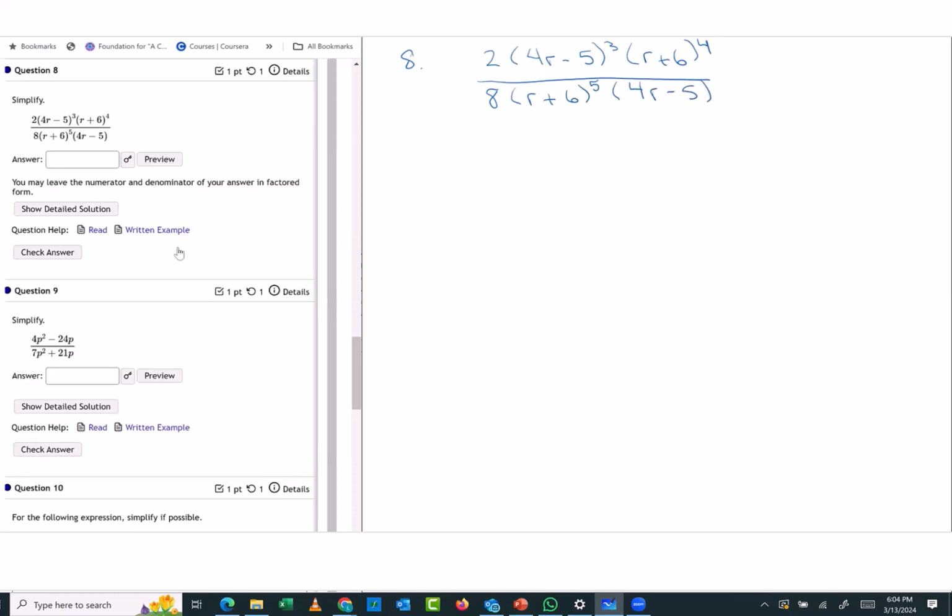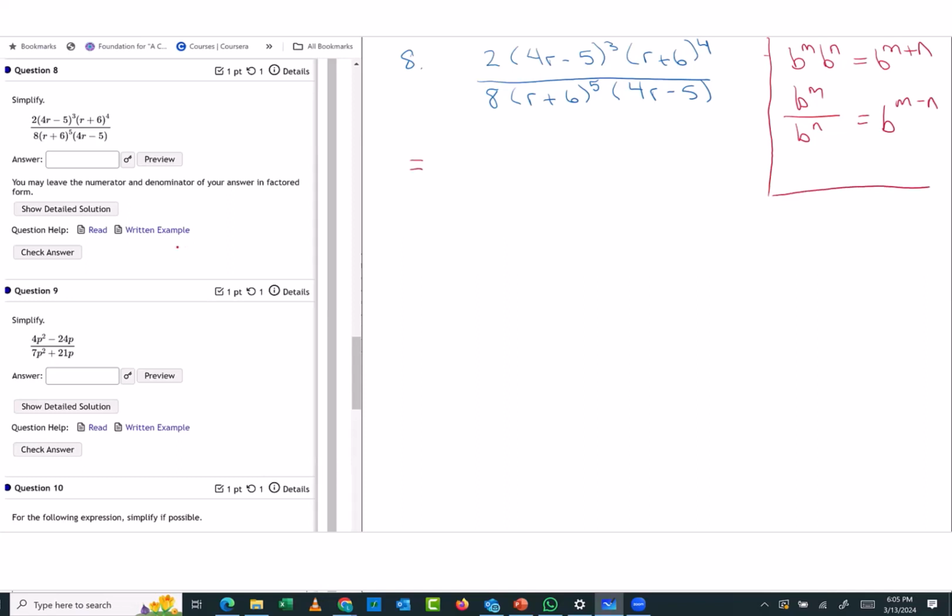Now, for these, we can use the same rules that we used for just exponents. If I have b to the m times b to the n, I add them. If I have b to the m divided by b to the n, I subtract them. I believe that's probably all we need for this problem.